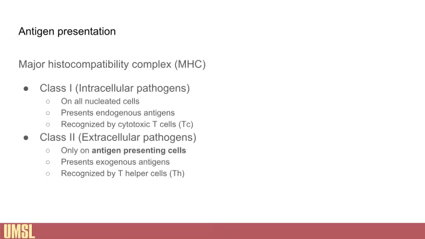What is going to happen after that is that a lot of the peptides that are produced during that grinding up process will be presented on class 1 MHCs in these cells, and that's what those cytotoxic T cells are going to be looking for.